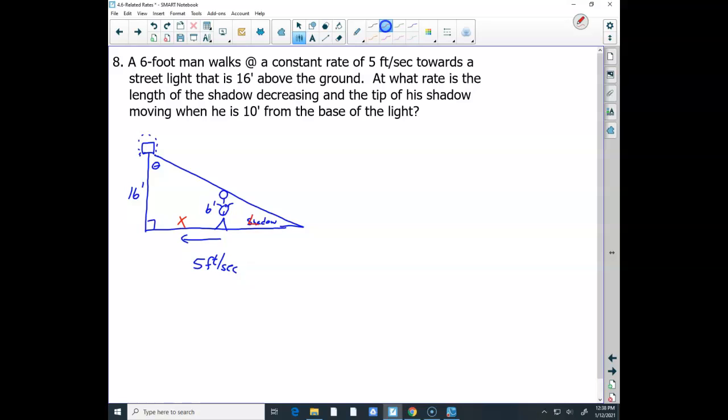So what they want us to do, at what rate is the length of the shadow changing? So the way I have this written, dL/dt, they want me to find dL/dt when the shadow is decreasing, so it should be negative, and the tip of the shadow moving is a different one when he's 10 feet from the base. So when x equals 10 feet from the base of the light pole, right?